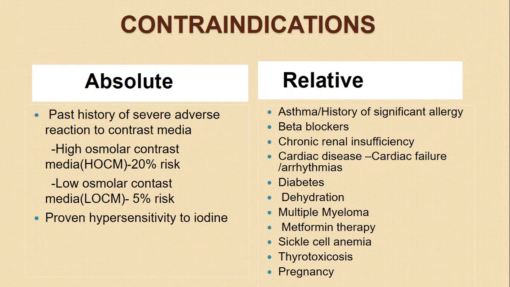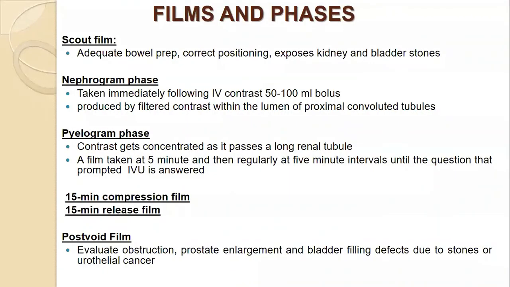Metformin therapy is very important. Before contrast, you should take the history of diabetes and metformin, because in these patients any increase in renal failure goes to contrast-induced renal insufficiency. Others are sickle cell anemia, thyrotoxicosis, or pregnancy.